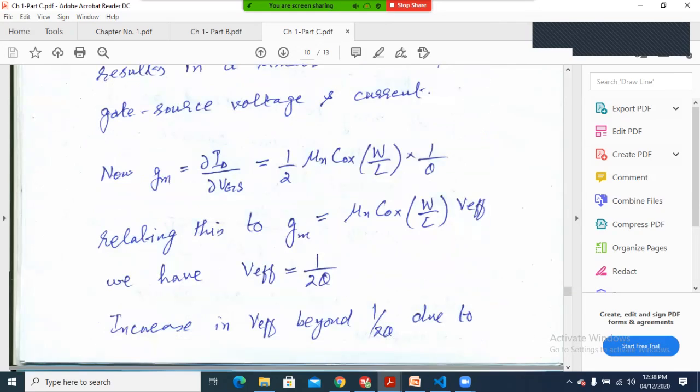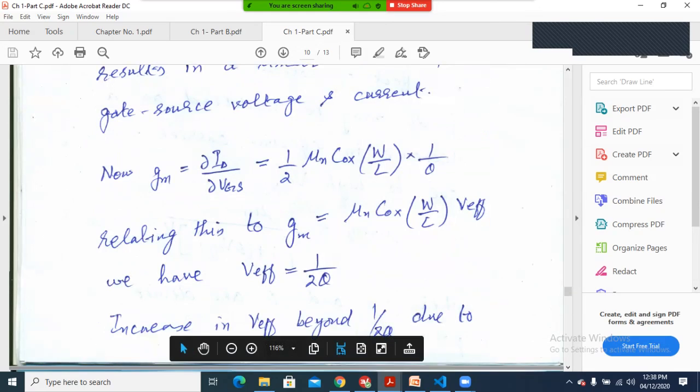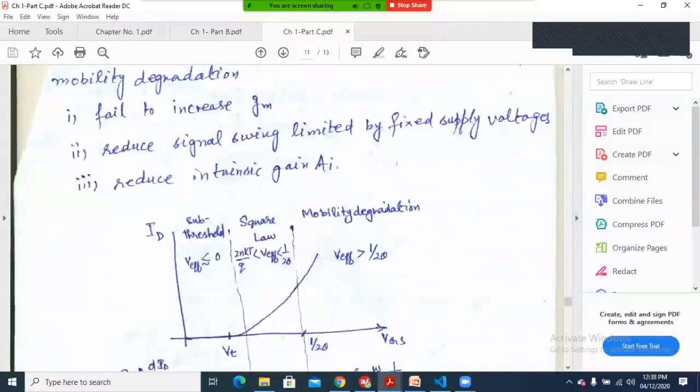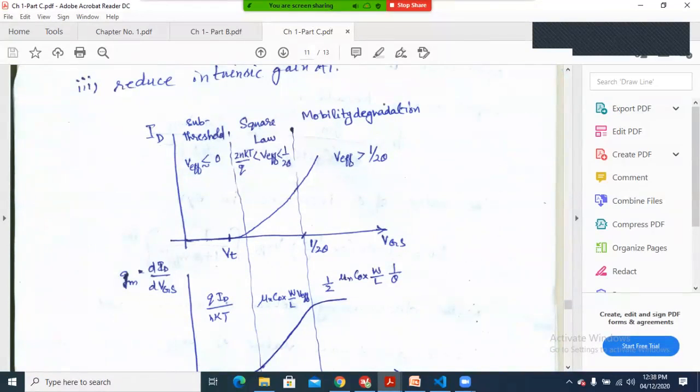So we have the strong inversion up to the value of 1 by 2 theta, and beyond 1 by 2 theta we have the mobility degradation. We have seen this relationship ID versus VGS. We have the subthreshold region up to the value of 2NKT by Q, and we have 1 by 2 theta.